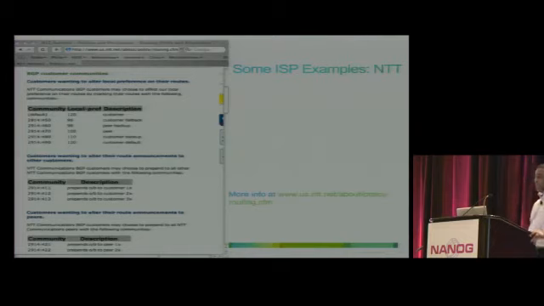So here's another example from NTT. In this case, NTT uses different communities for customers to influence what type of local preference to set. So if NTT receives a specific community, for example, the first one, 9914:450, it will set a local preference of 96.